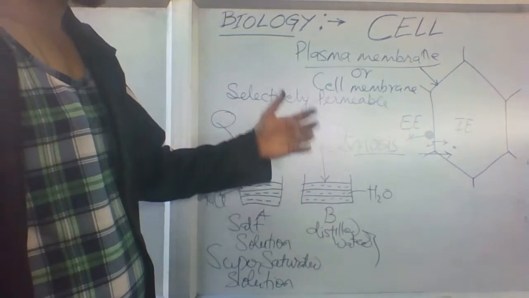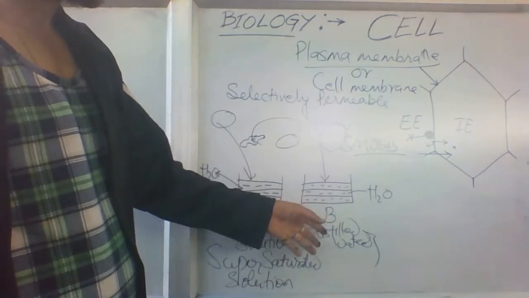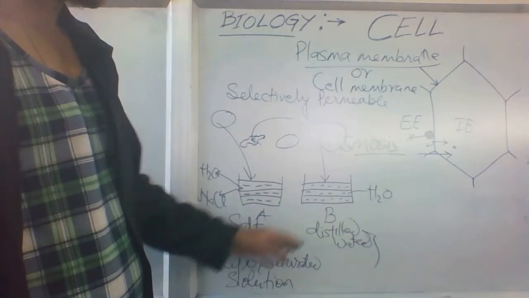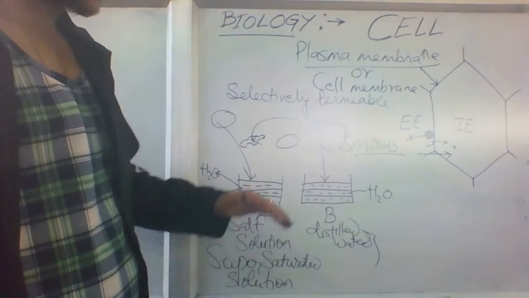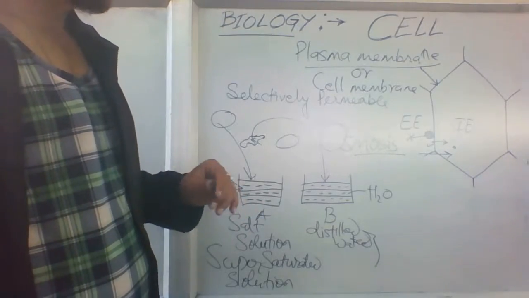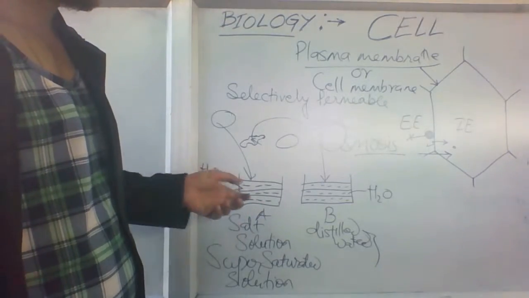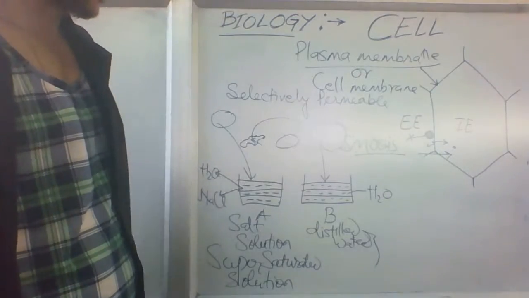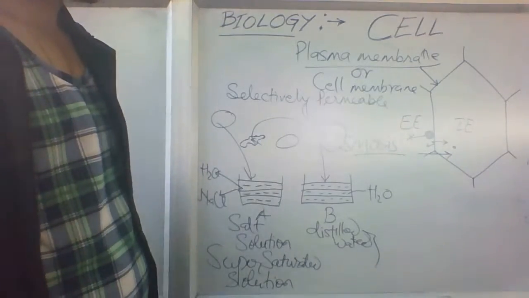This one has a very less saturated solution. This is called supersaturated solution. This is unsaturated solution. A saturated solution is one where the particles of salt and water are in balanced form. They are saturated in this solution.